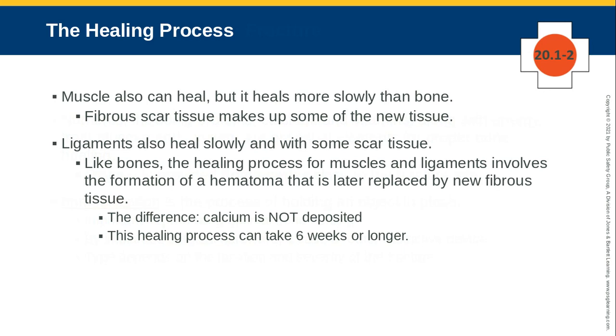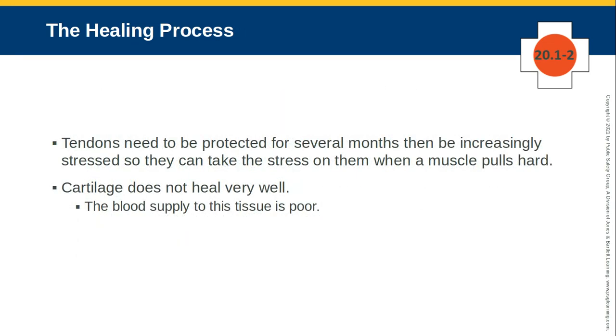They need to stay pliable because they're associated with movement. Tendons, connected at one end to bone and at the other end to muscle, need to be protected during the healing process. Cartilage, which we find protecting joints between bones, does not heal very well because the blood supply is so poor.